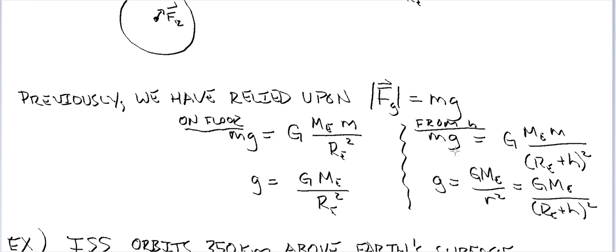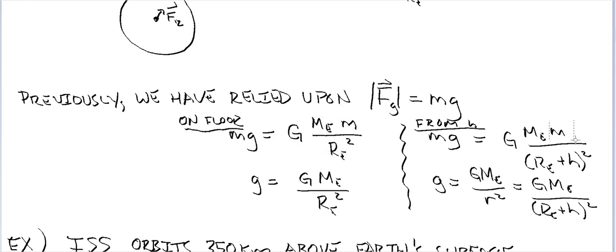The other thing I'd like to note is if you're at some height h above the ground, well, then the only way this really changes is that mg is still on the left side, but on the right side, instead of G M m over R_E squared, you have G M_E m over quantity R_E plus h, quantity squared.